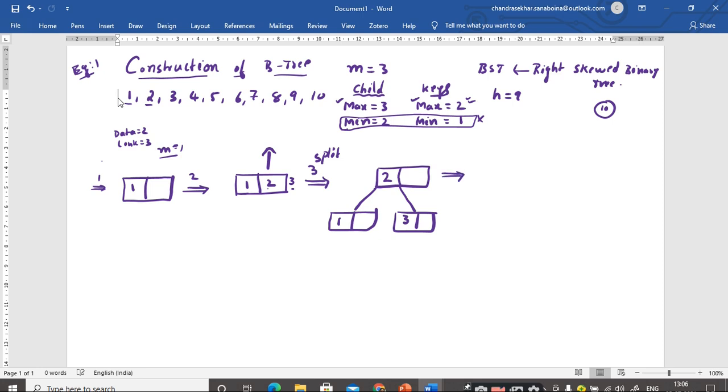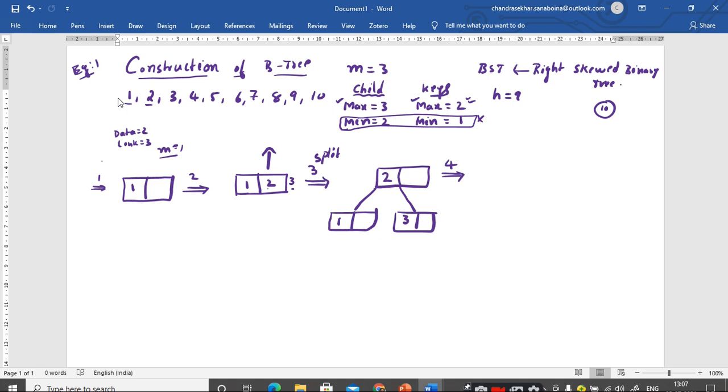Now what is the next element? 4, sir. Now if you want to insert 4, you have to compare this 4 with the root node. So 4 is compared with 2. According to the binary search tree property, where should I place 4? Right side, sir. It is towards the right side of 2.